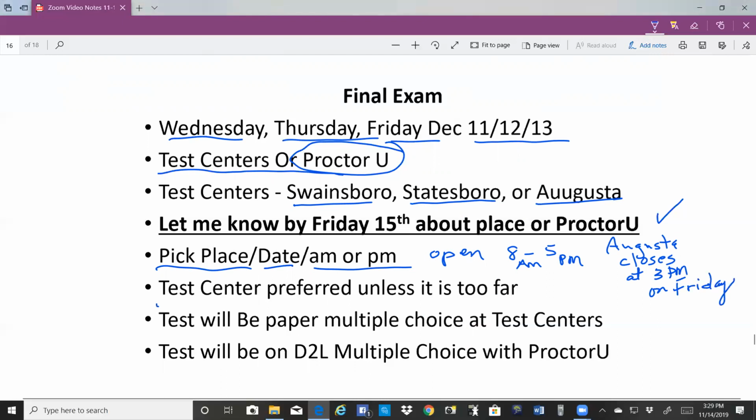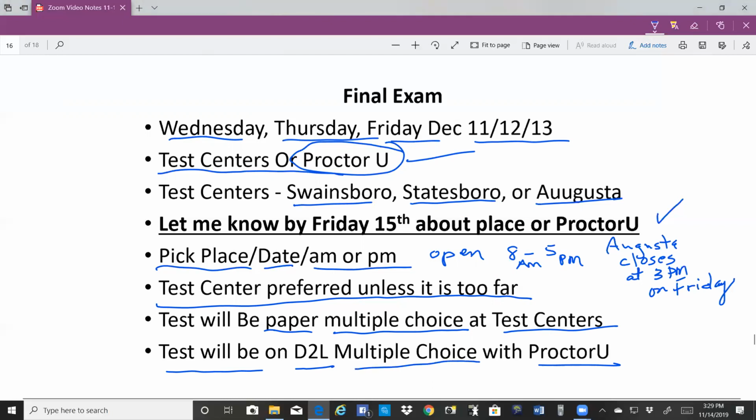I would prefer you take it at a test center unless it's too far, in which case it can be done on ProctorU. The tests will be paper, multiple choice tests at the test centers, and the tests for ProctorU will be on D2L, still multiple choice. It'll be the same test.